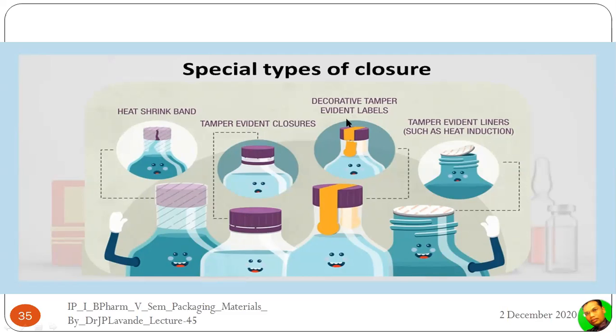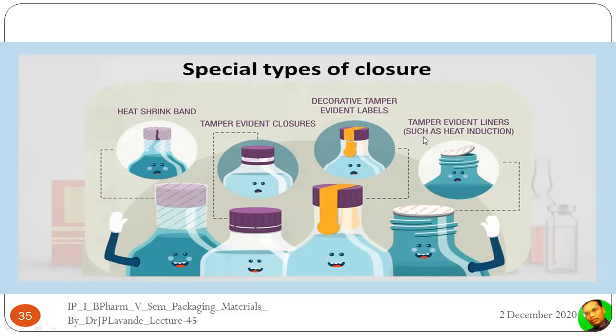Then there are tamper evident labels. The labels or stickers or strips are attached over the cap and the bottle. Once the cap is rotated or removed, the band or that particular paper strip will get torn off or break. This is clear-cut evidence which indicates that the product has been opened.